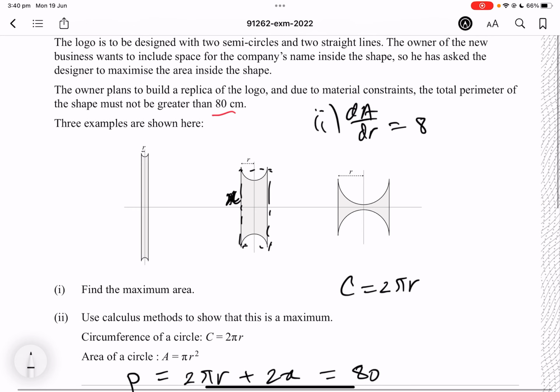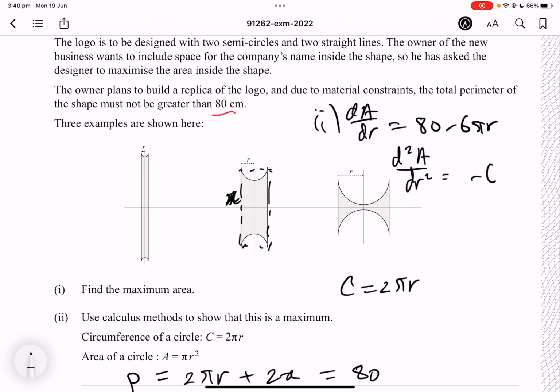So if we find the second derivative, then this will be equal to negative 6 pi, which is strictly less than 0. So that means the second derivative is always less than 0. So therefore, r equals 4.244 is a maximum.